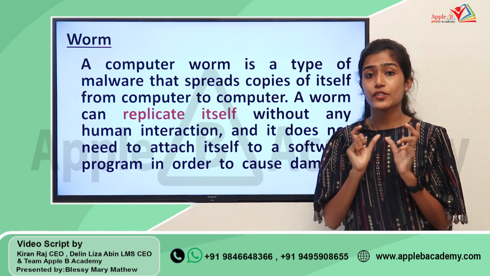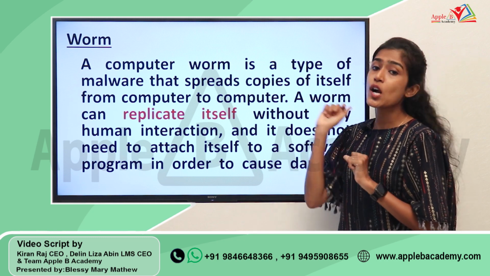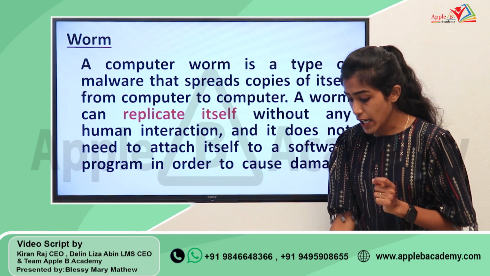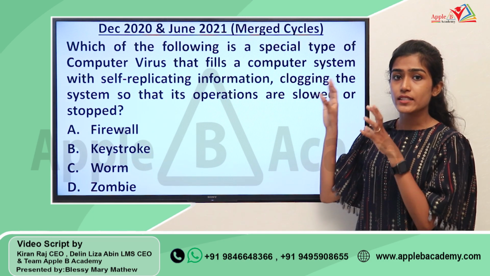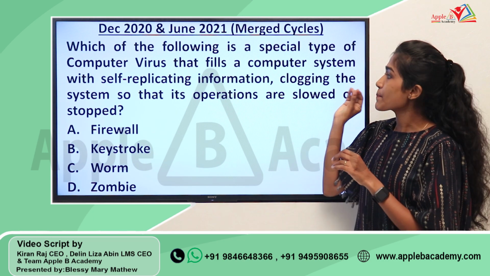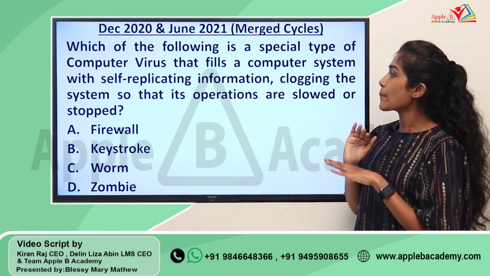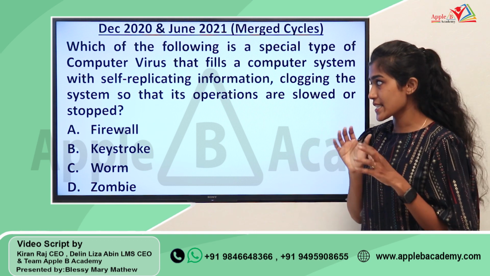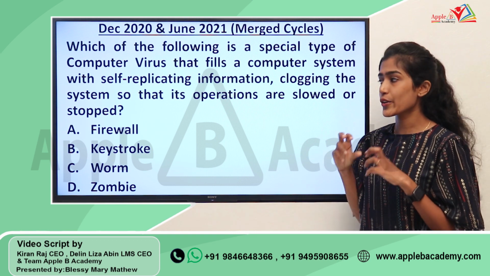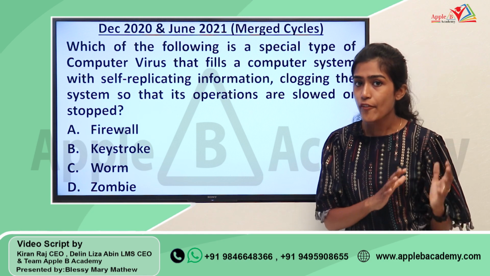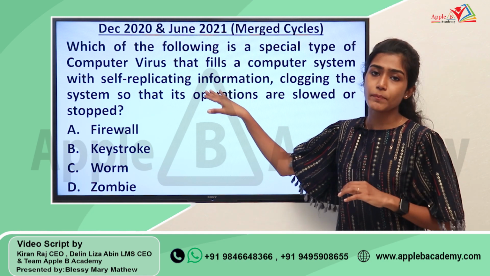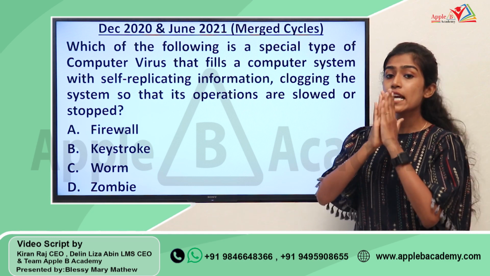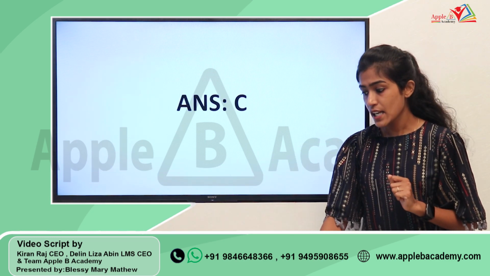That is the key word we have to associate with this malware, the worm. Coming back to the question, which of the following is a special type of computer virus that fills a computer system with self-replicating information, clogging the system so that its operations are slowed or stopped? As I have already mentioned, if you focus on the key term self-replicating information, the right answer for this question is obviously option C, that is worm.